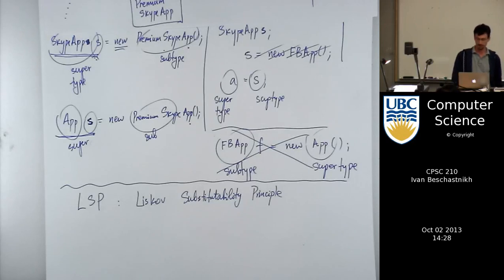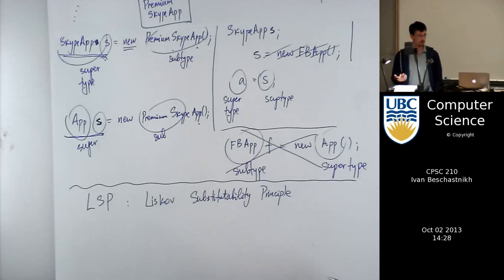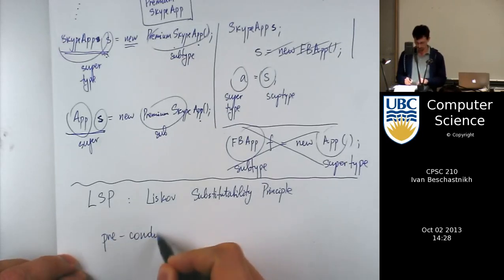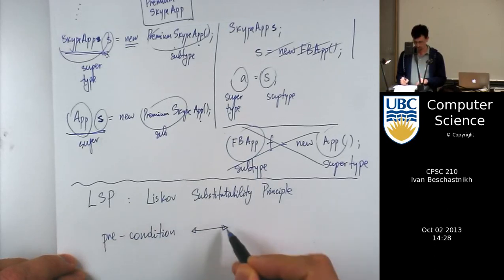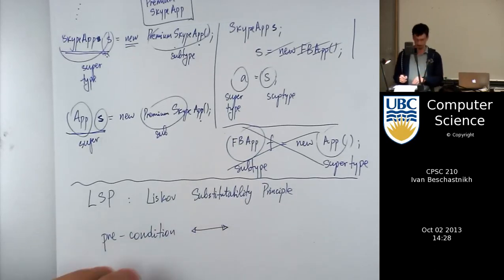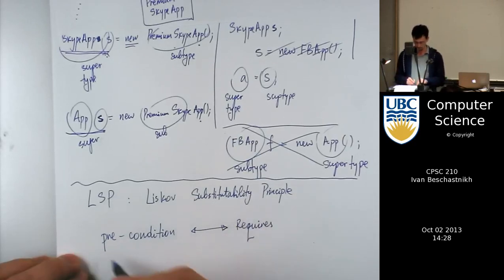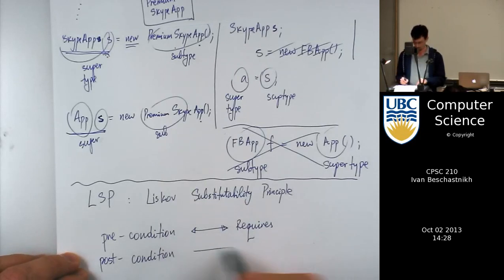So typically the way we think about these is in terms of preconditions and postconditions. So a precondition is something that must be true before you execute something. So in this case, this is the requires clause. And a postcondition tells us what is true after you execute some code.